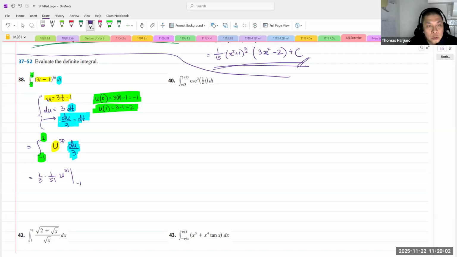From -1 to 2, so that's 1 over 153, 2 to the 51, which is a very big number, minus -1 to the 51. I can simplify a little bit. This is 2 to the 51 plus 1.